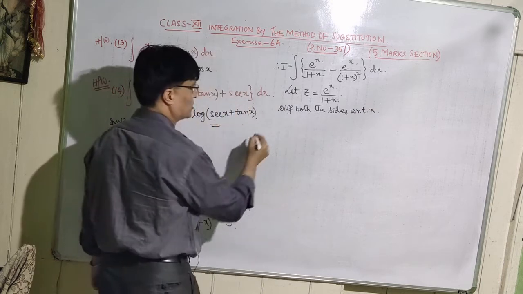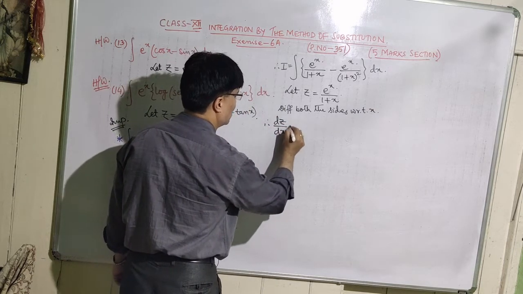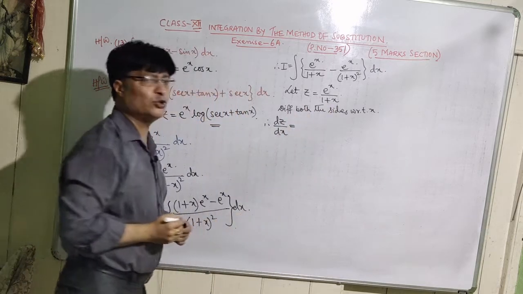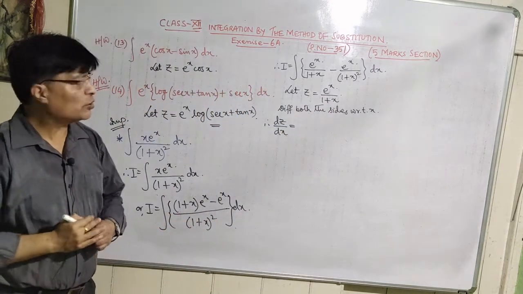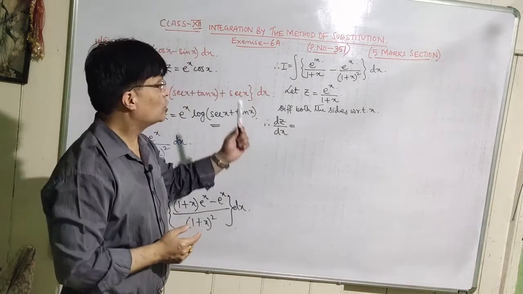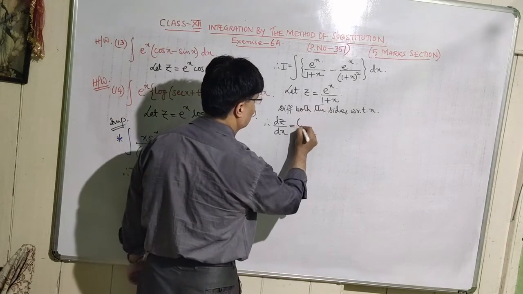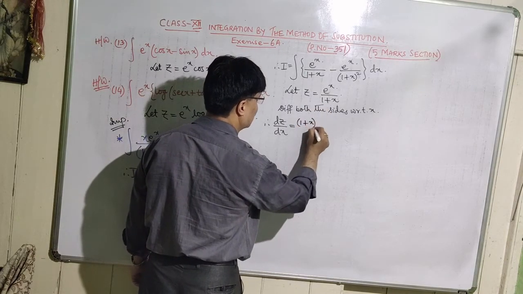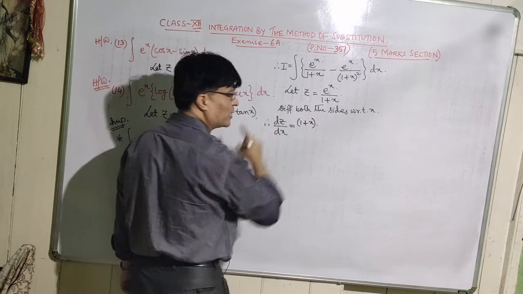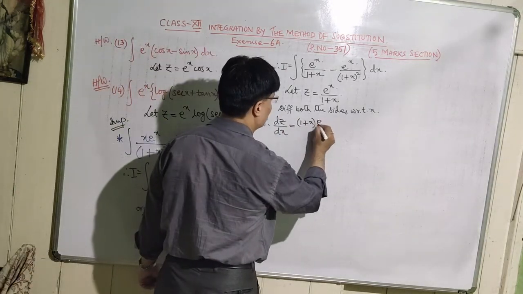So differentiating both the sides with respect to x, therefore dz by dx is equal to, now you can use u by v rule here. Both numerator as well as the denominator are the variables here. So you have to use u by v rule. Now keep the denominator, that is 1 plus x, as it is. Now differentiate the numerator with respect to x. What is the differentiation of e to the power x with respect to x?